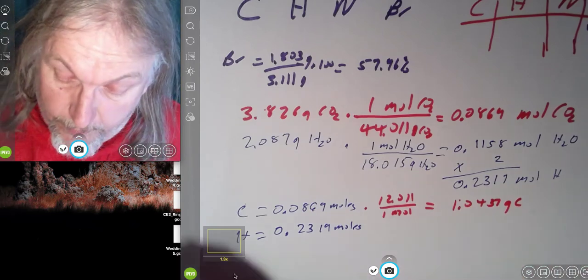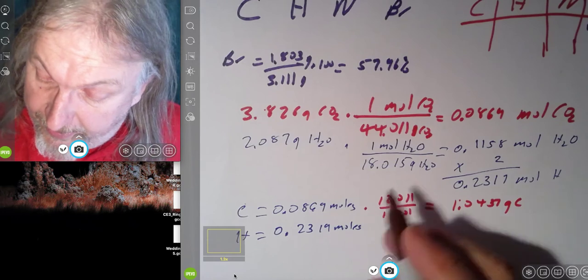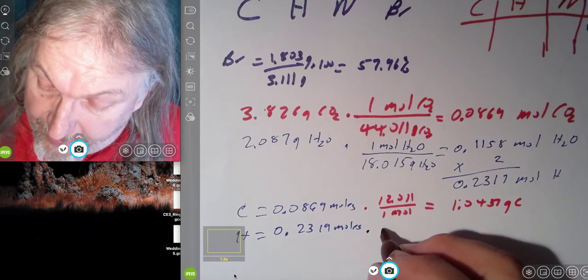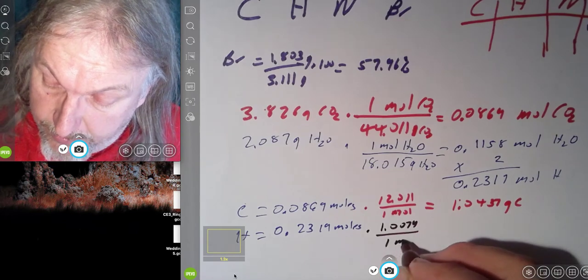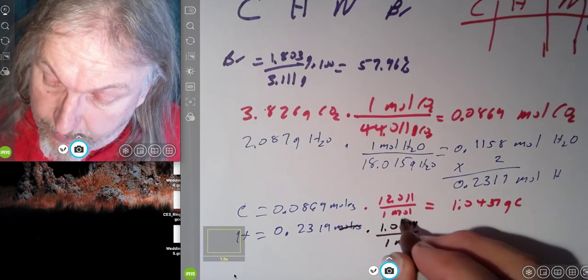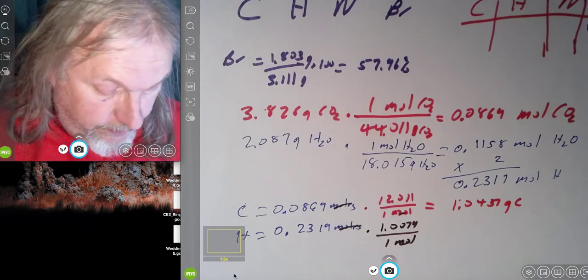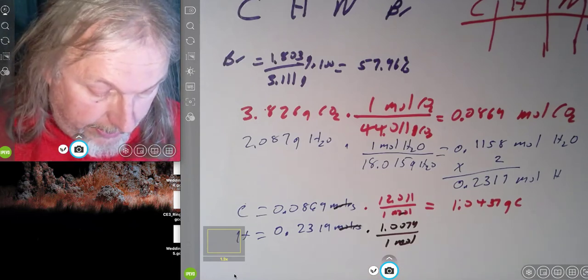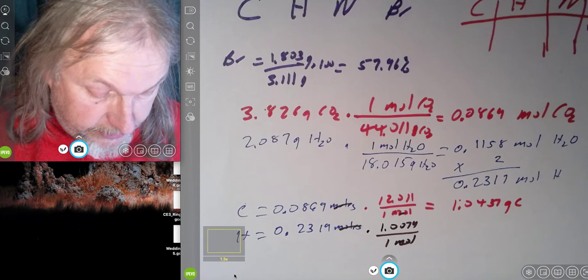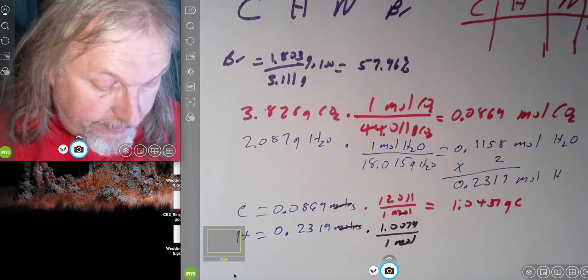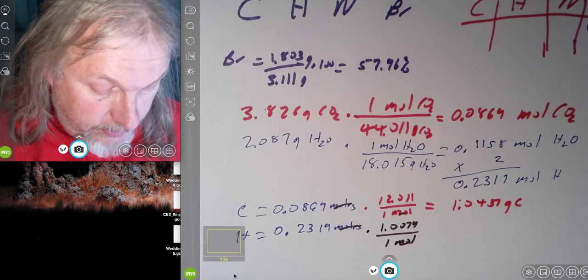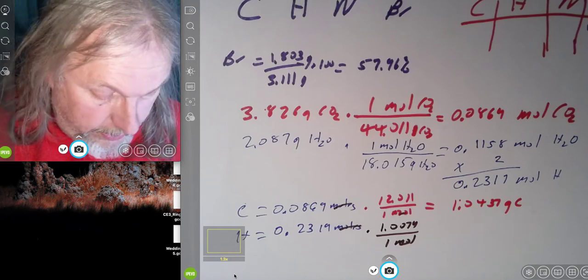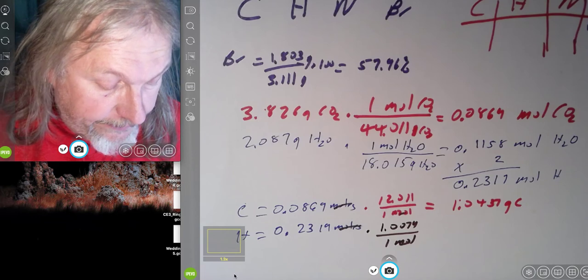Okay, and then if I multiply the moles by the atomic mass of hydrogen, the moles cancel out, it's going to do that one too. 0.2319 multiplied times 1.0079.